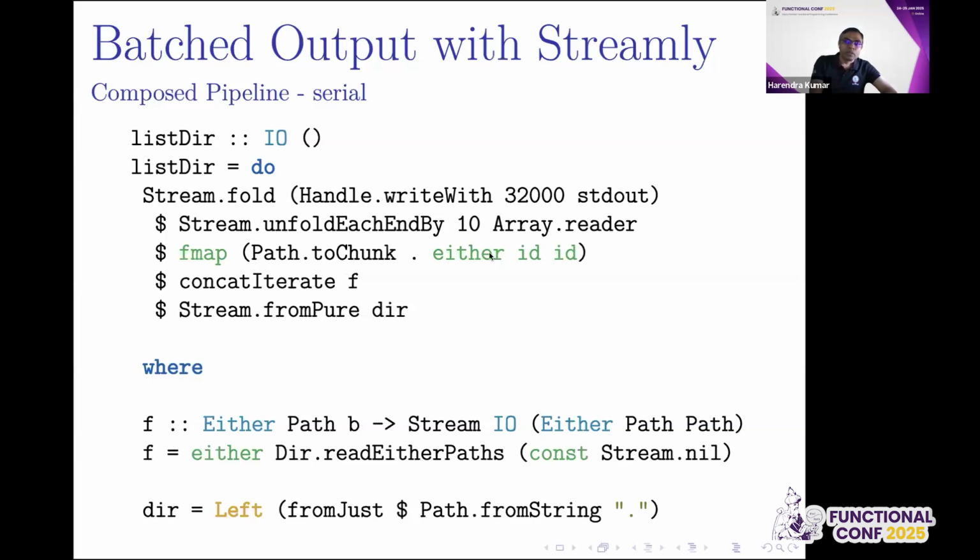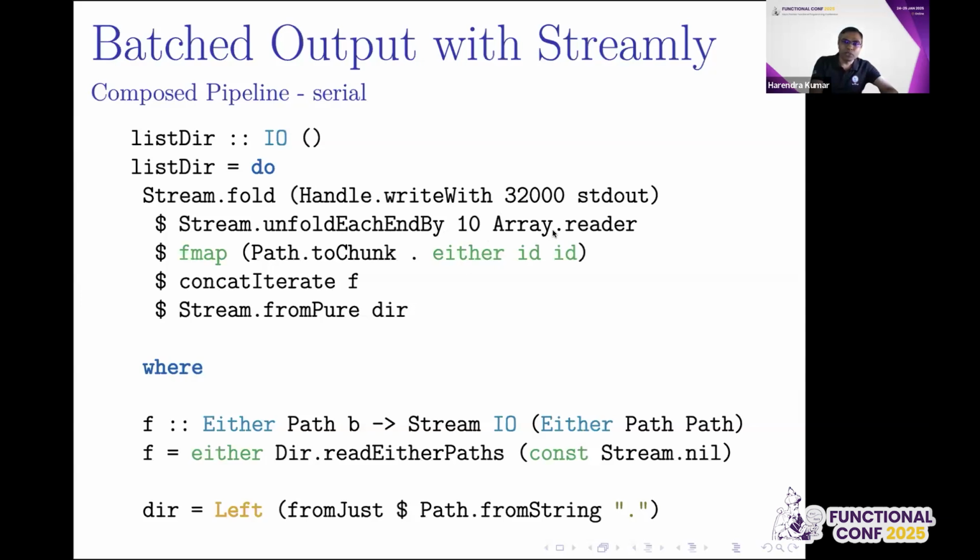Now, these directories and files, they are arrays here. The path type in Streamly, its underlying type is an array. We are converting these paths to arrays, and then we are using the unfold each end by combinator to append a new line to each path.